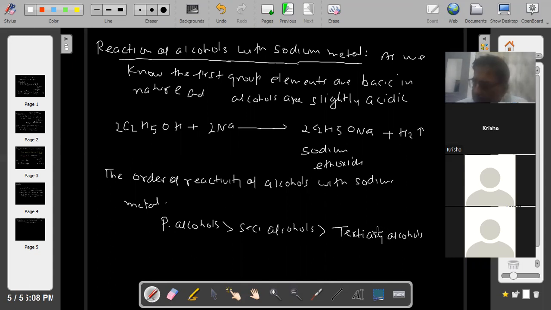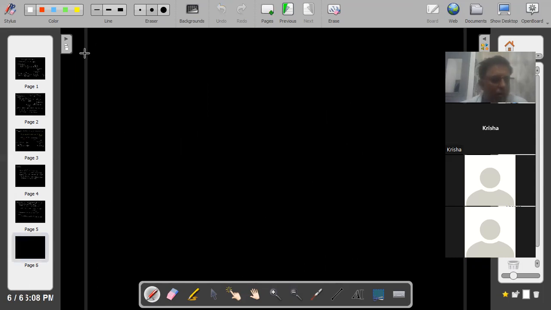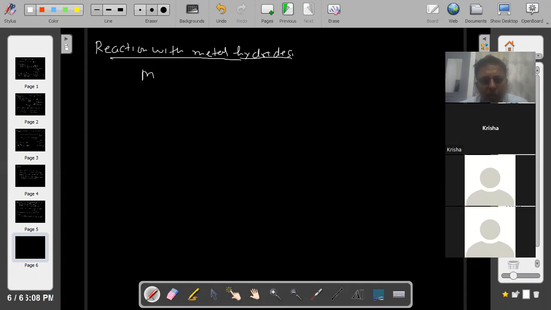Reaction with other metals, you can take metal hydrides. Reaction with metal hydrides like MH, for example sodium hydride NaH, MgH2. This is the metal, this is the hydrogen.